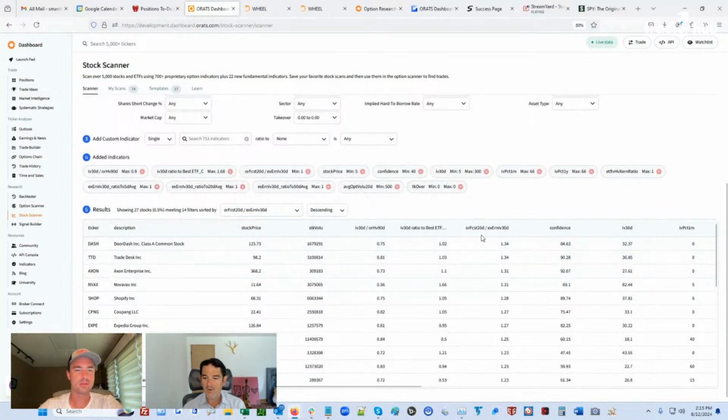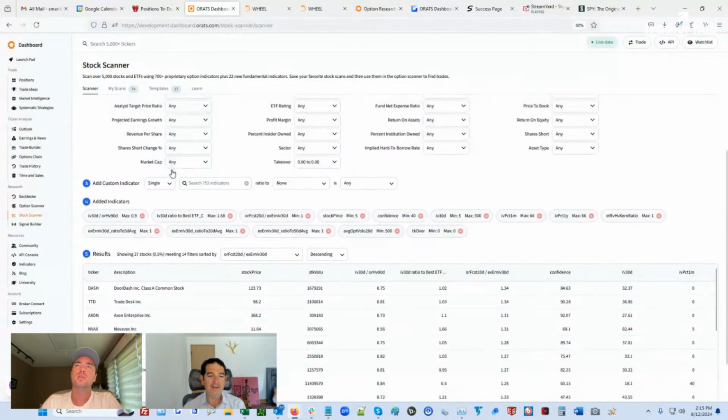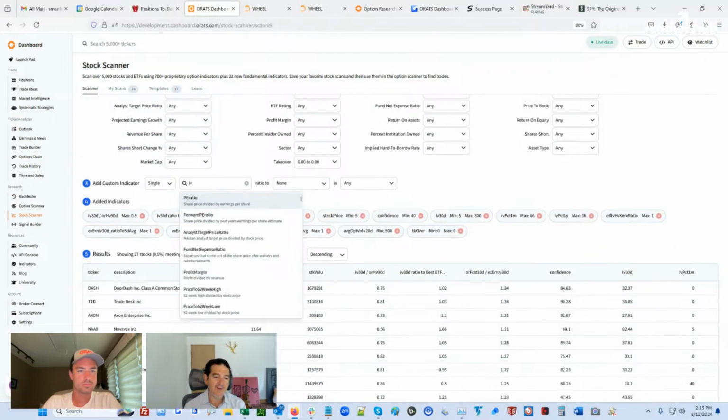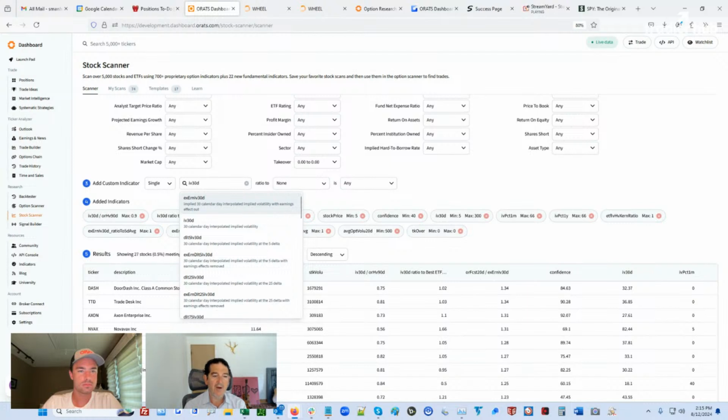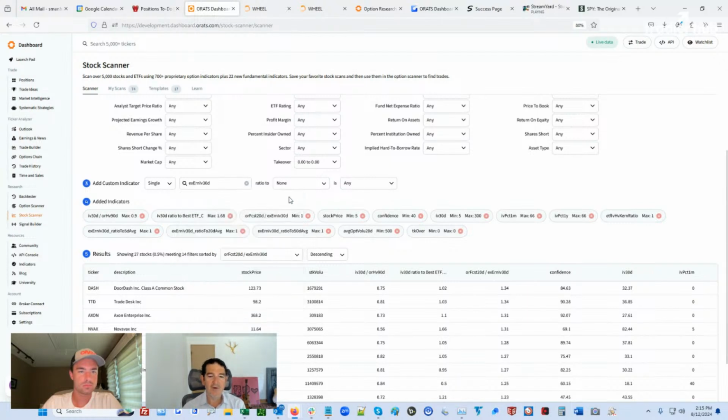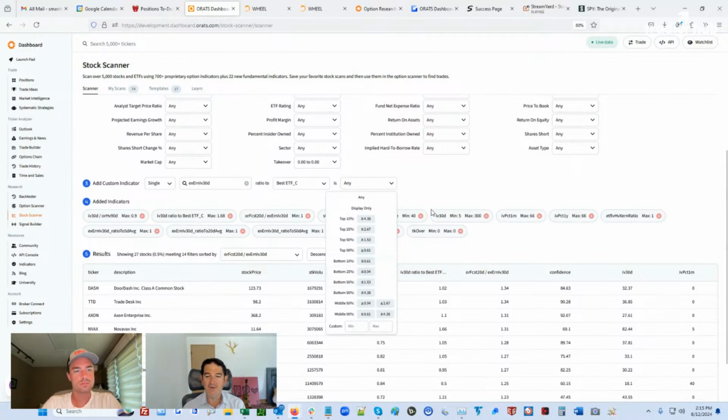Yeah. And so the way that that's set up is it's the IV 30 in this case, and I would use X earnings, ratio to the best ETF. And you'd say you want that min or max. So the top ones are over and the bottom ones are under. And it just depends on how much.